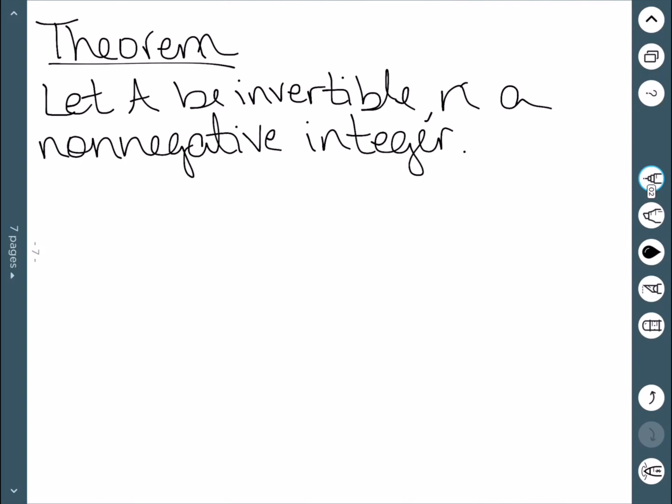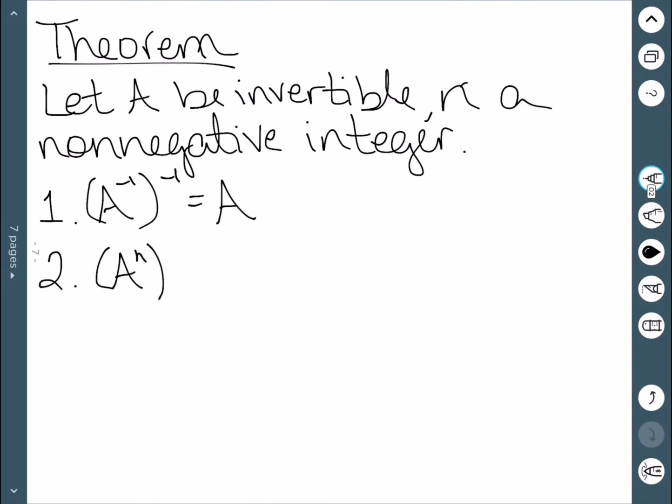Here, we'll let A be an invertible matrix and n be any non-negative integer. Then we have a few different properties. The first, A inverse inverse, is equal to A. So not only is the inverse invertible, but it's equal to A. In addition, A^n inverse is equal to A inverse to the nth power. So if we take a power of an invertible matrix, it's still invertible.